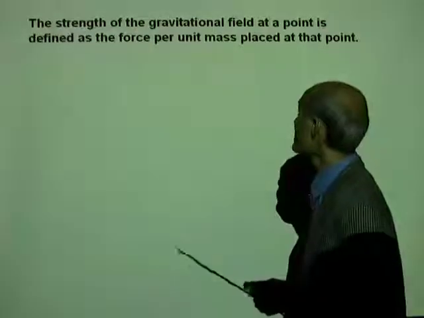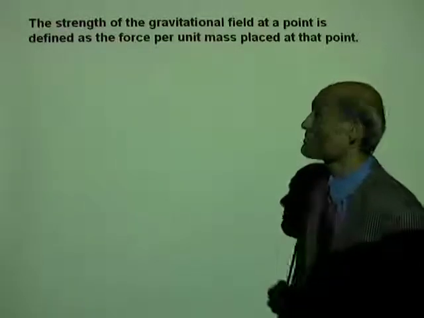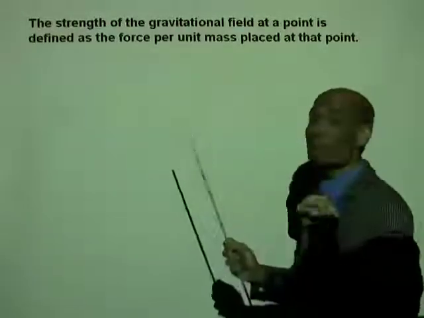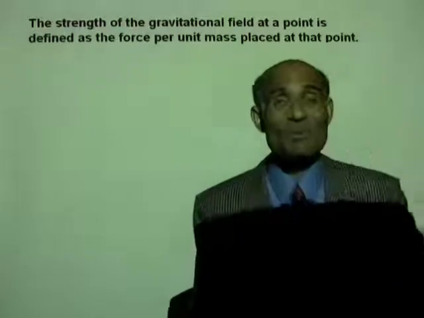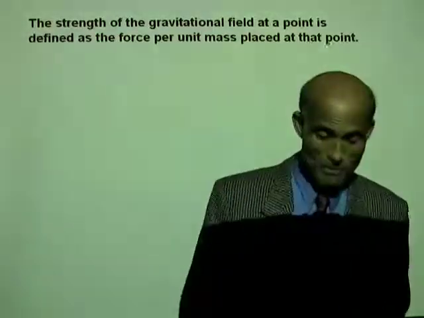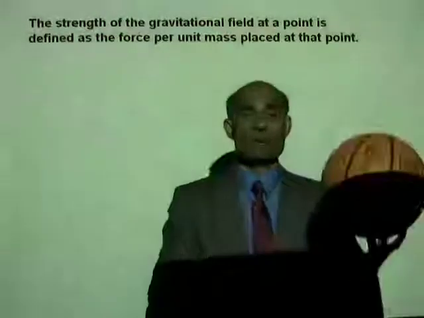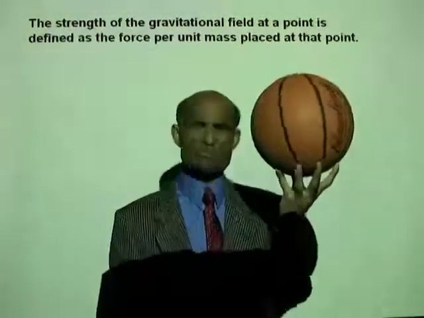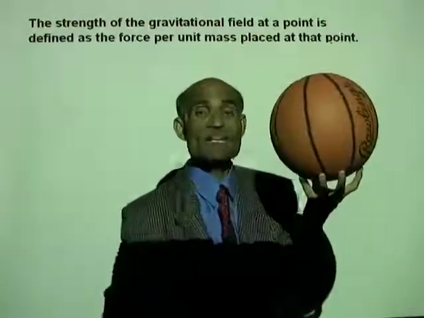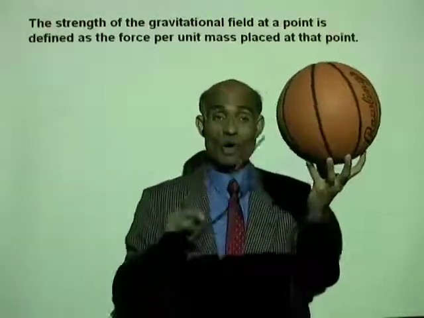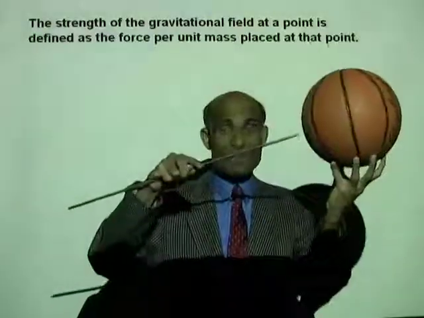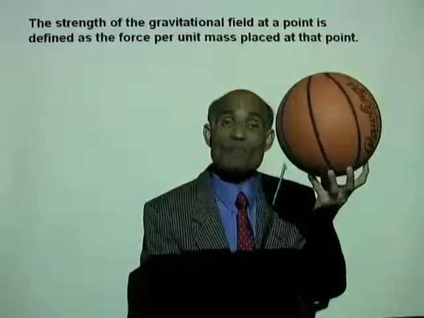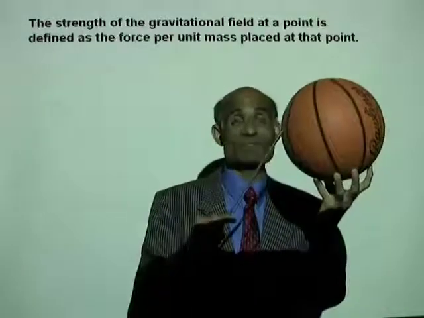The strength of the gravitational force field at a point is defined as the force per unit mass placed at that point. So if I have a mass of 1 kilogram, suppose this ball has a mass of approximately 1 kilogram, if I can now measure the force on this basketball placed at this point, that will be a measure of the strength of the gravitational field at this point.